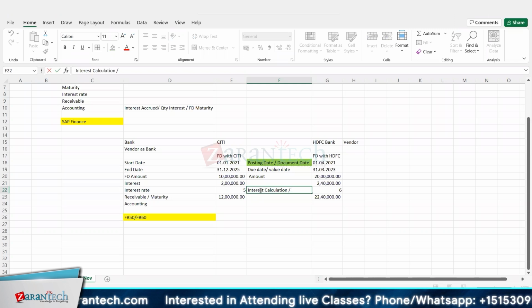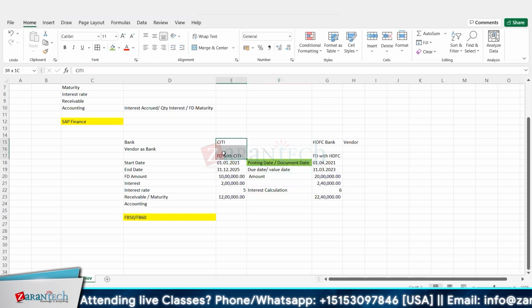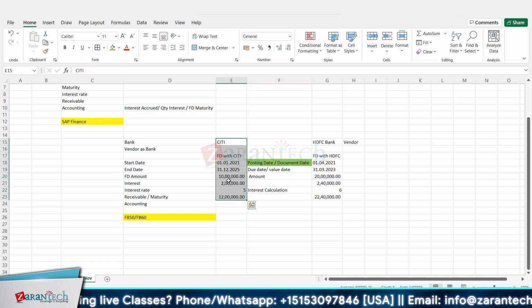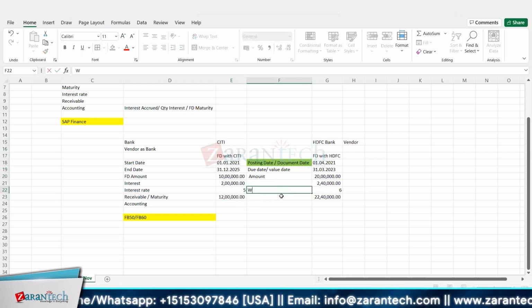So you can just say I would be able to activate it, but it will not be correct. Taking the example of Citibank, you may possibly have 100 fixed deposits with Citibank, wherein I have different rates of interest, so this we won't be able to maintain. Okay, not available.